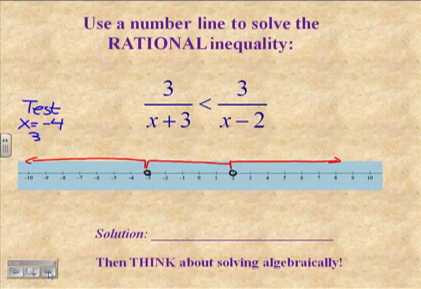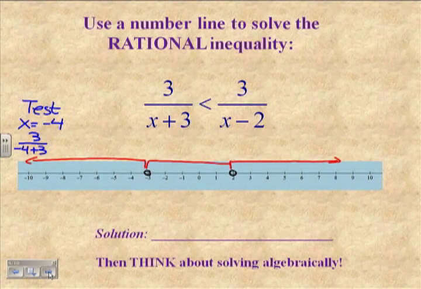And I have 3 over negative 4 plus 3. Is that less than? I'm putting a little question mark on there because I don't want to claim it is. Less than 3 over negative 4 minus 2.